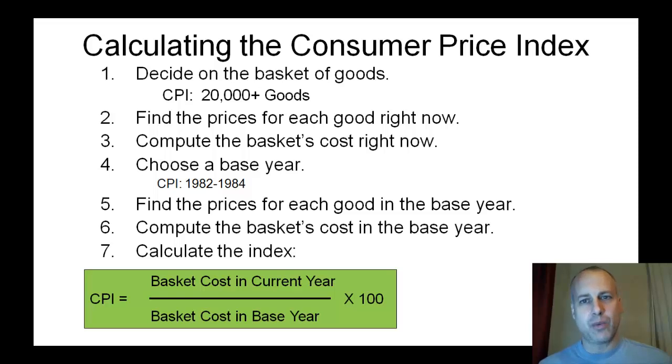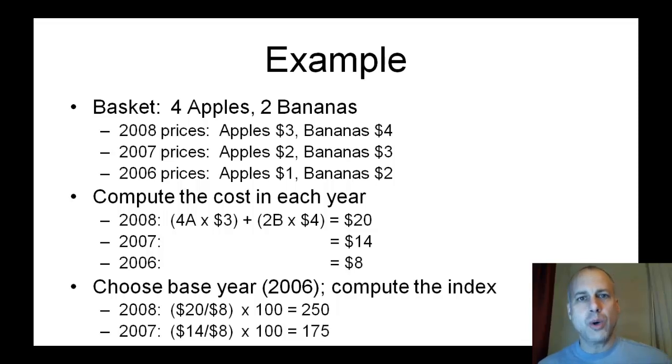We'll do this again with a fairly simple example using 2 goods instead of 20,000. So, for example, suppose that our basket consists of 4 apples and 2 bananas. And we're interested in computing the consumer price index for the years 2006, 2007, and 2008.